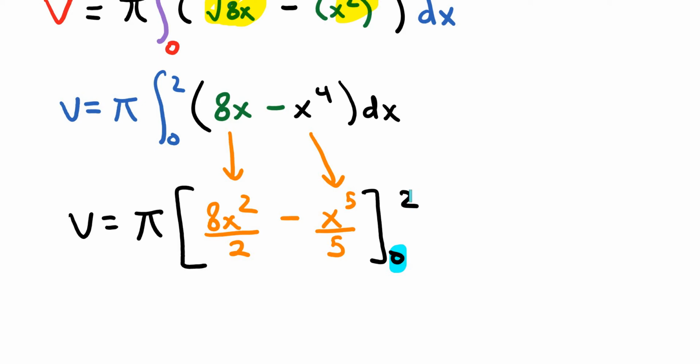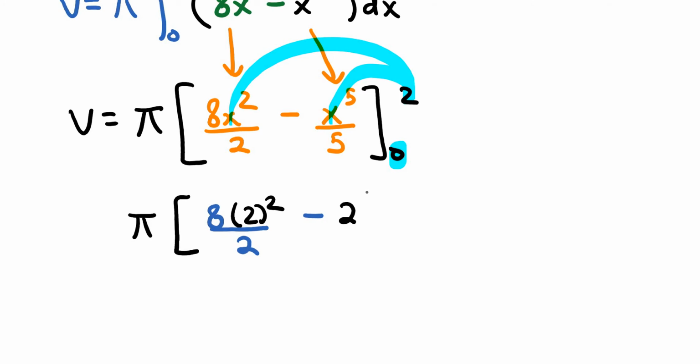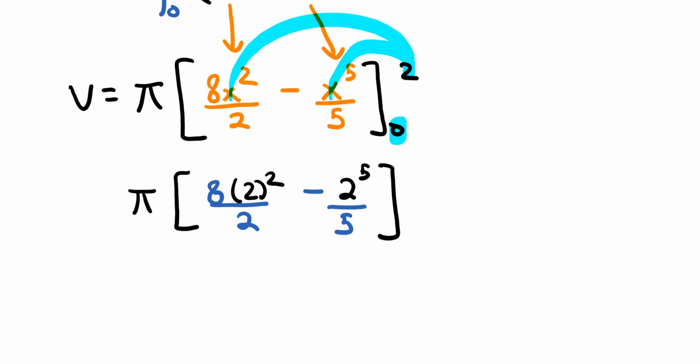We can just focus our attention on the upper bound by plugging 2 in for the x's. Okay, if I do that, I get pi, and then I get 8 times 2 squared divided by 2 minus 2 to the power of 5 divided by 5, and then I can close that bracket off.